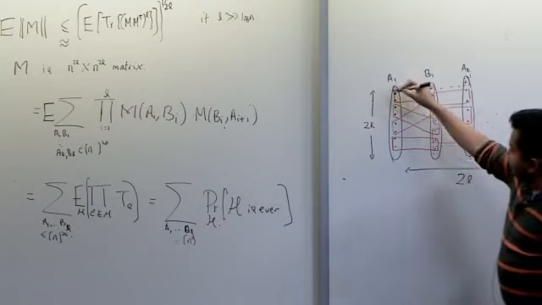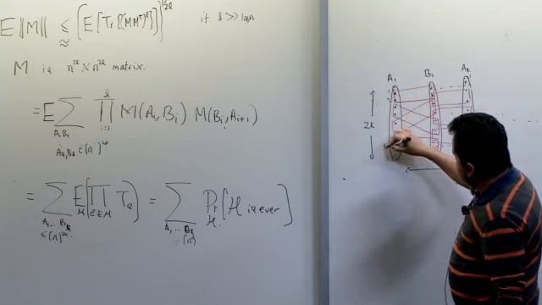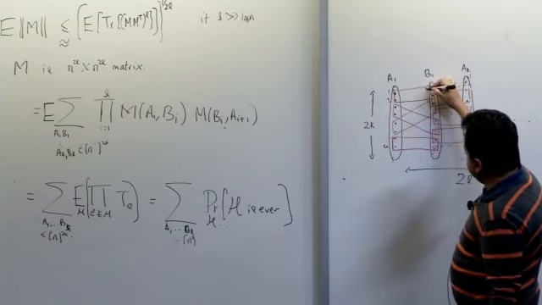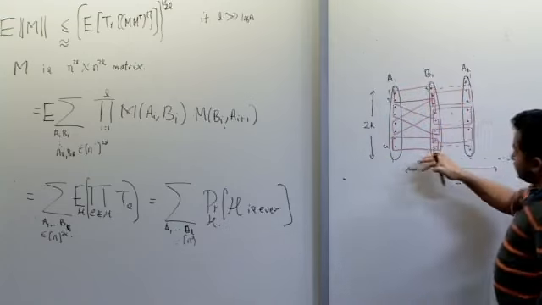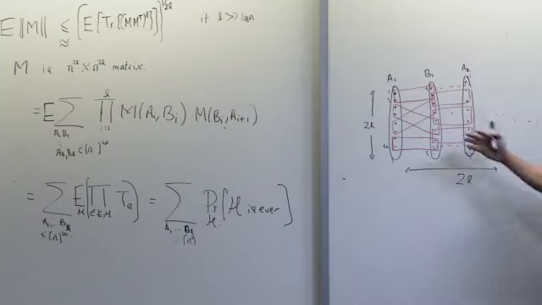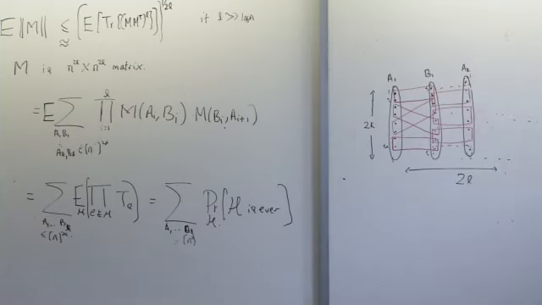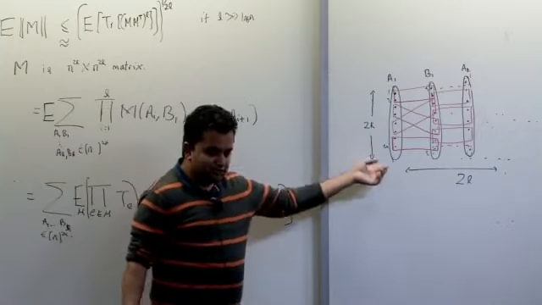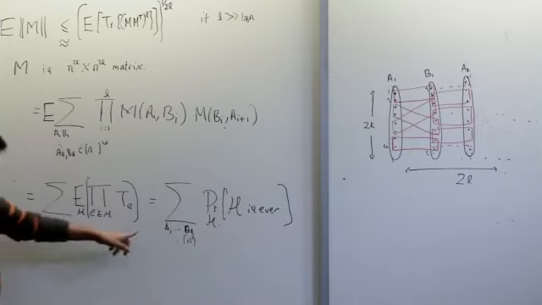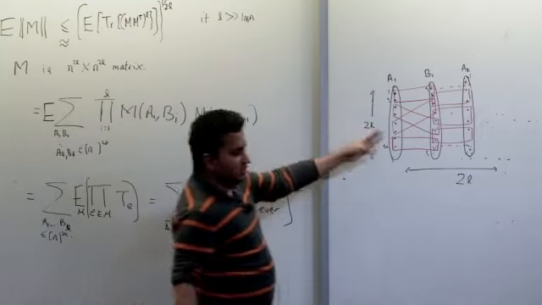Once I fix these vertices, labeled with some numbers from 1 through n, and you pick the red hyperedges, it will either turn out that every hyperedge appears an even number of times or not. That gives you the probability that the hypergraph is even. And sum this over all possible assignments of vertices.